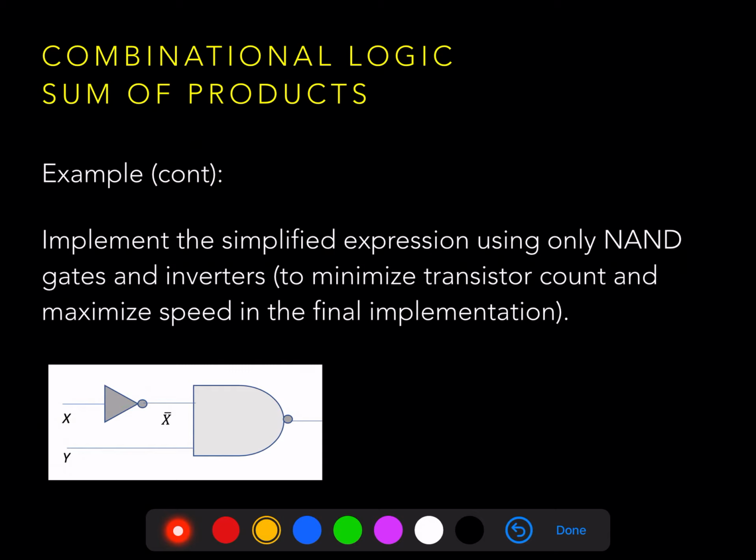Once we've simplified x or y0, we can implement it using De Morgan's theorem and only NAND gates, as we've discussed in previous implementations.